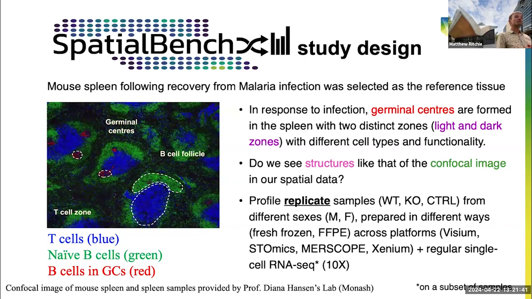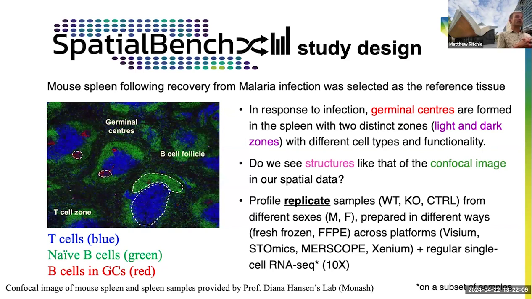The particular model here is that the spleens have been challenged with malaria and then drug cured. Basically this means that particular regions of the spleen have been activated and are more observable than they ordinarily would be. And these fall into zones such as germinal centers, which are the little regions shown in red on the image on the left.